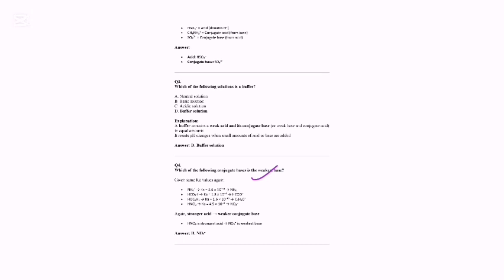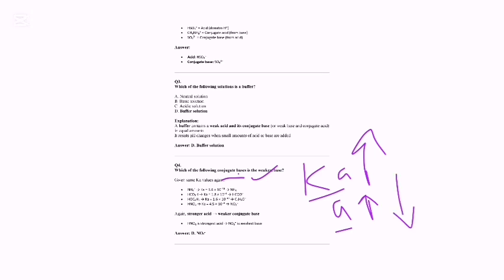So for the weakest conjugate base, the Ka should be bigger, and the acid should be strong. The Ka is directly proportional to the acid strength, while inversely proportional to the base strength, so the base will be weaker.